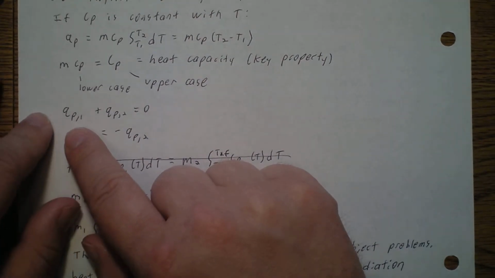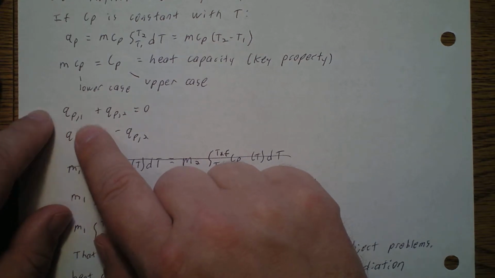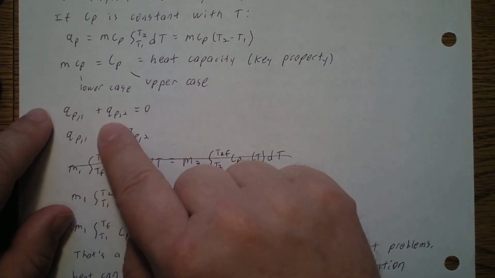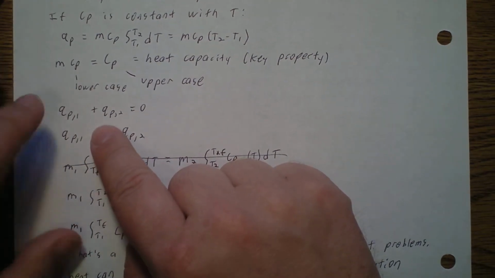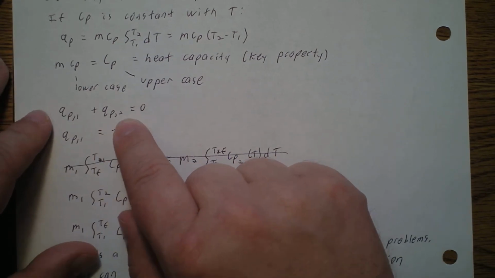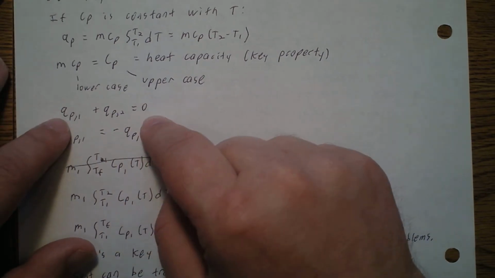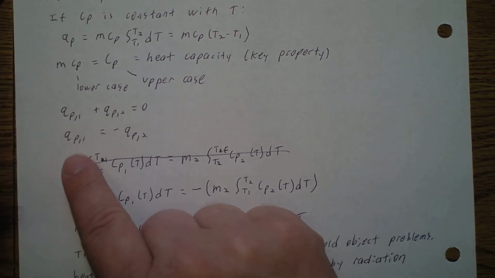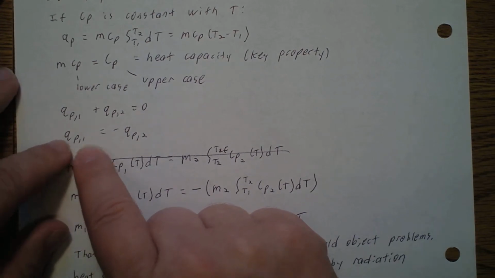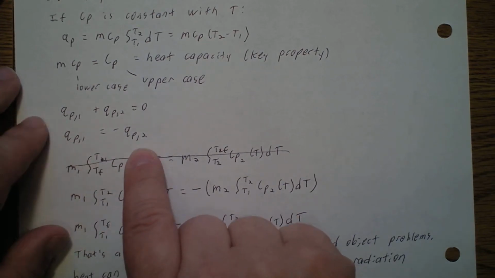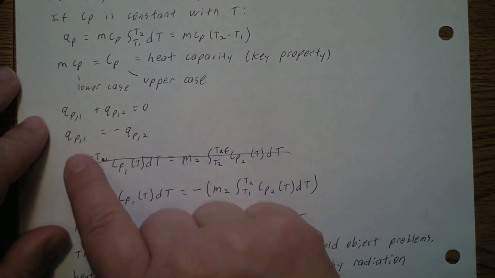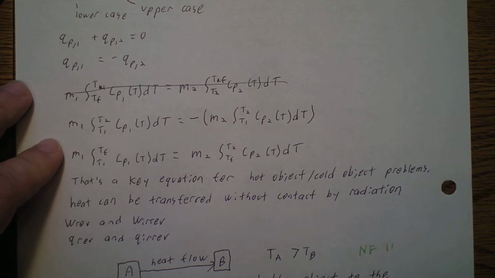So the heat flow at constant pressure for object 1 plus the heat flow at constant pressure for object 2 is going to be equal to 0, because whatever is flowing into object 1 is flowing out of object 2, or vice versa. So we evaluate both of those.